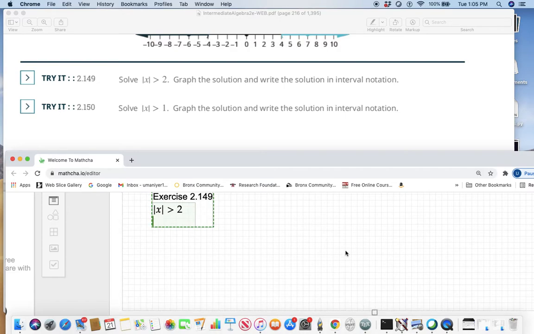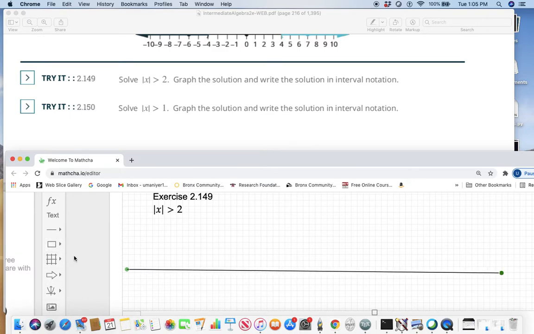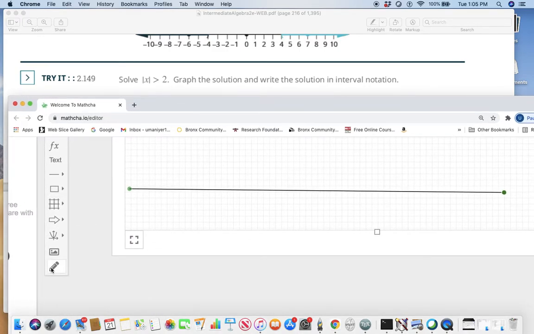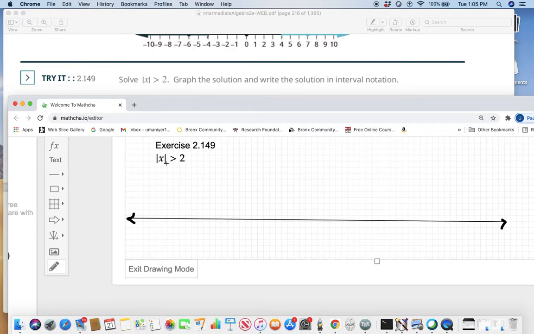It might help to draw a line first. That's your number line. So the distance of x from 0 has to be more than 2. You have to be farther from 0 than 2. That is, you have to go beyond 2. Likewise, you have to go beyond negative 2.